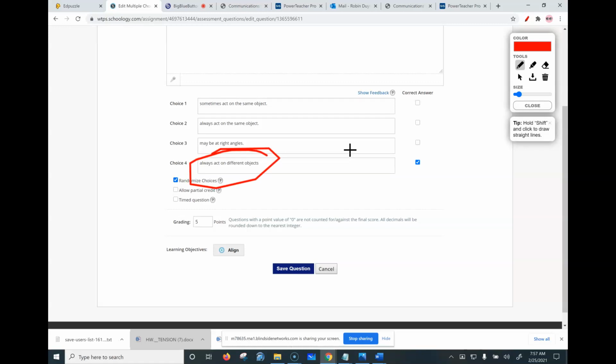So your goal would be to pick the two objects they're talking about and then just flip them. If one pulls up, the other one pulls down. If one pulls right, the other one pulls left. If one pushes right, the other one pushes left. So it's just those two objects. Don't let it cloud you if you see multiple things, because that's what the questions are doing. They're trying to test your knowledge.